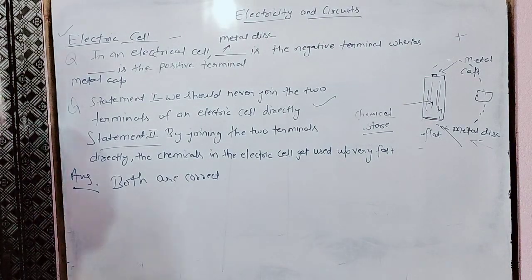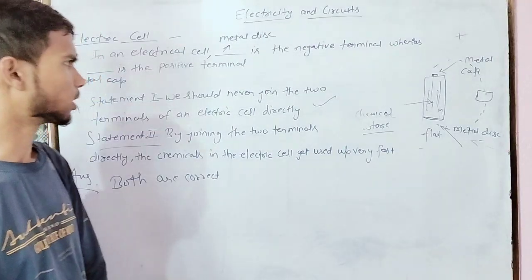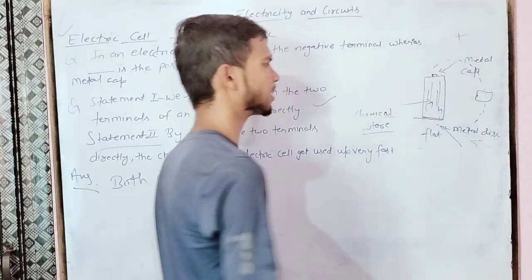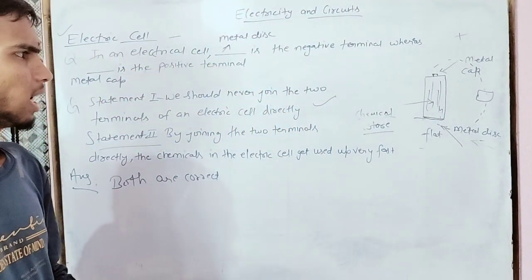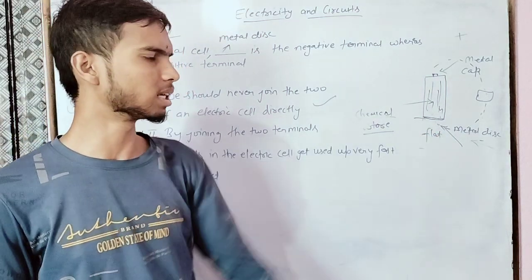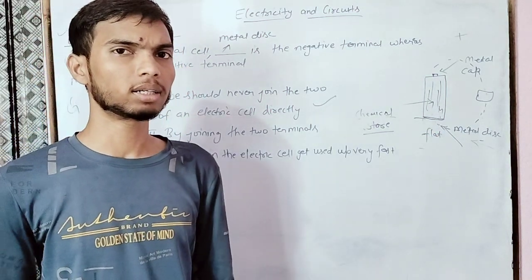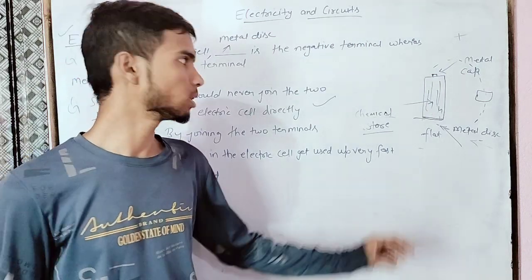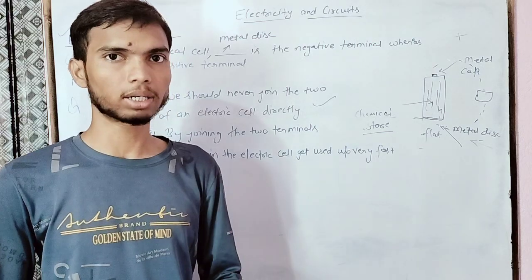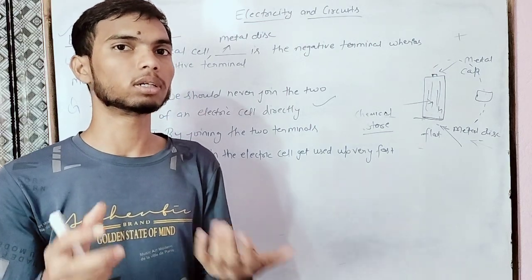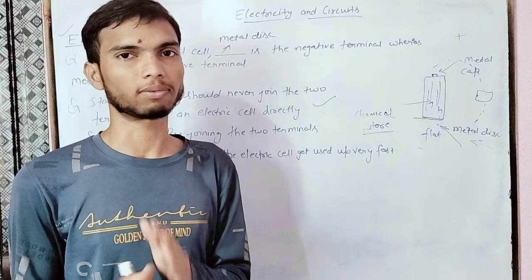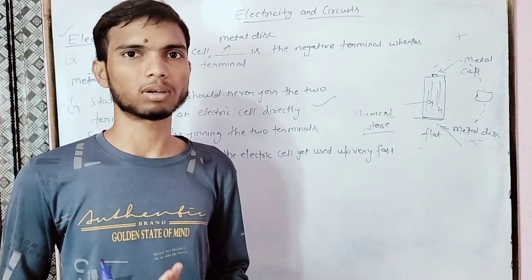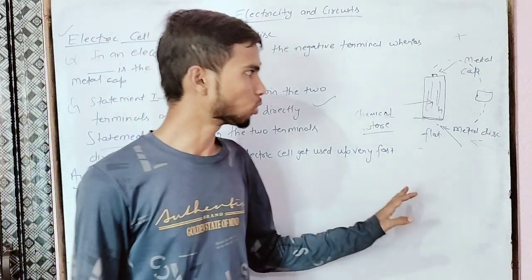We should never join the two terminals of an electric cell. Here you can see, if one end of an electric cell is a metal disc, and the end of another electric cell is also a metal disc, and both are connected to each other with metal, then we can say performance will not be good.